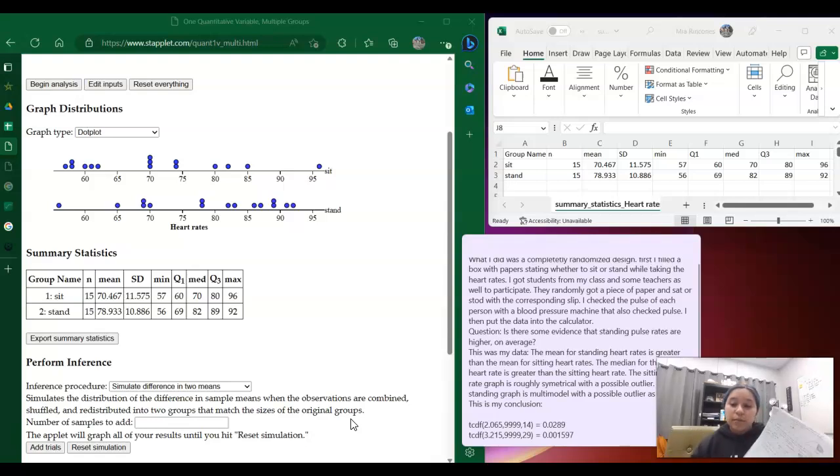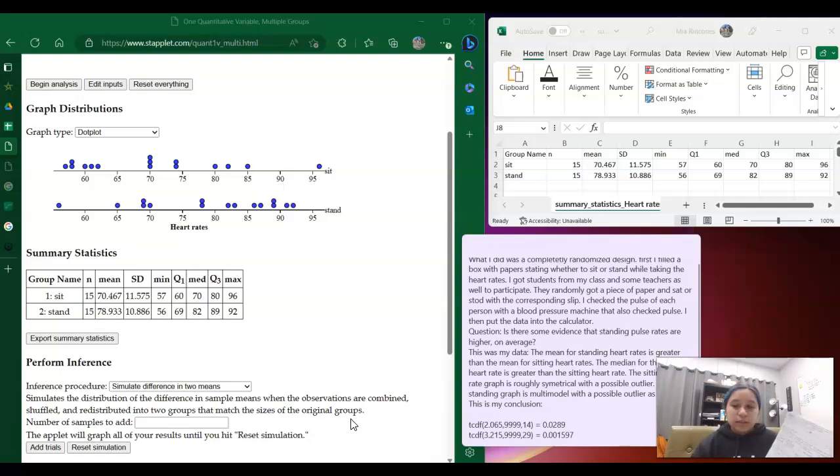The null hypothesis would be that mu1 minus mu2 equals 0, and the alternative would be mu1 minus mu2 is greater than 0. Our plan is a 2-sample t-test for mu1 minus mu2, standing minus sitting.